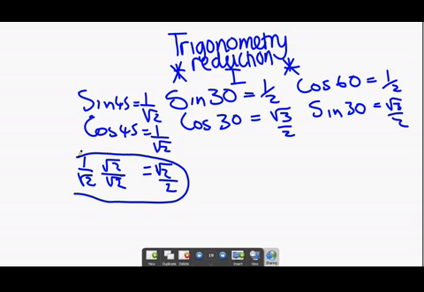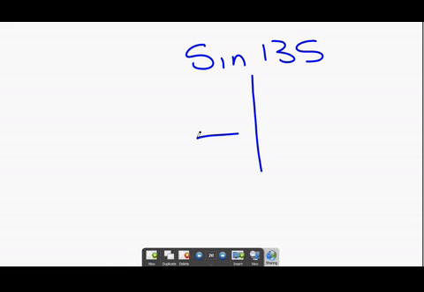Now, reduction is where we reduce angles that we are supposed to find, so that we can work them out without a calculator. So for instance, if someone said find sine 135, now sine 135 is equal to a particular angle, and usually when I'm looking at sine 135, I'll go to my quadrant and say, okay, fine, if this is 0, this is 90, and 135 would be somewhere here.